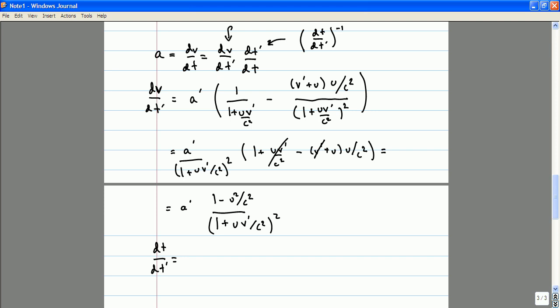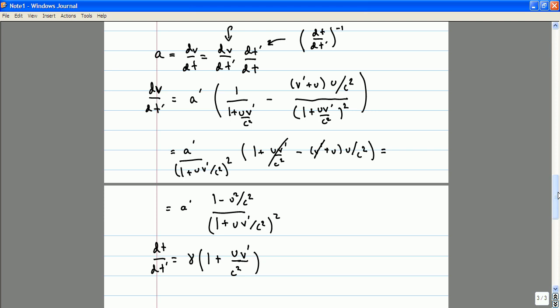So if you take the derivative of that with respect to t prime, you get a gamma out front. The derivative of t prime with respect to t prime is 1. And we have u over c squared times x prime, and the derivative of x prime with respect to t prime is v prime.